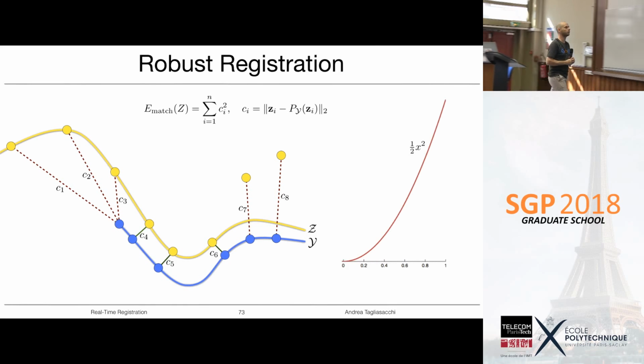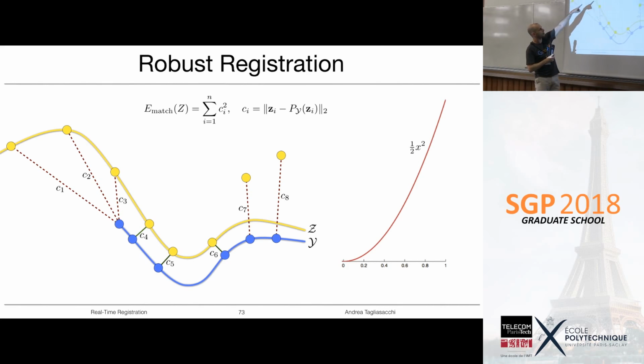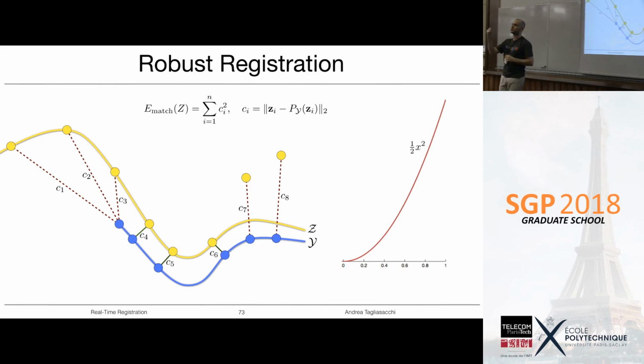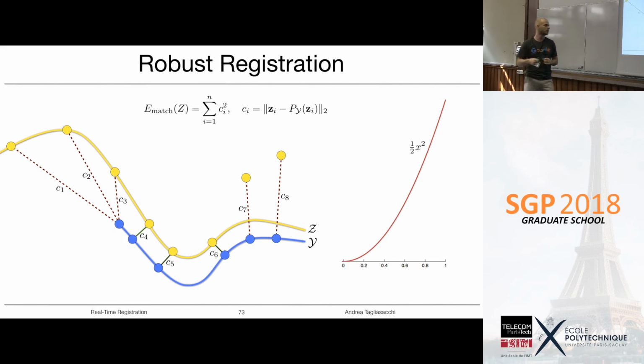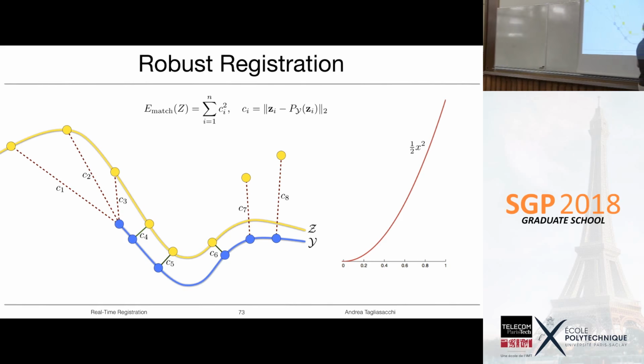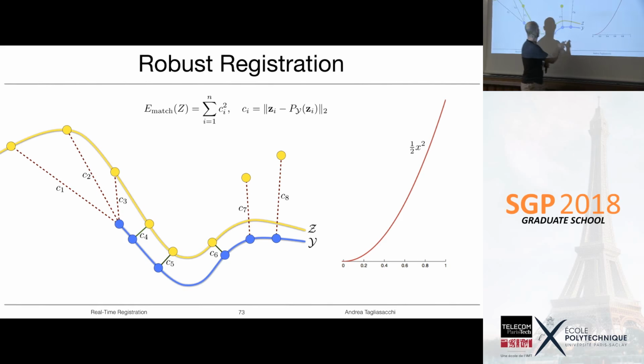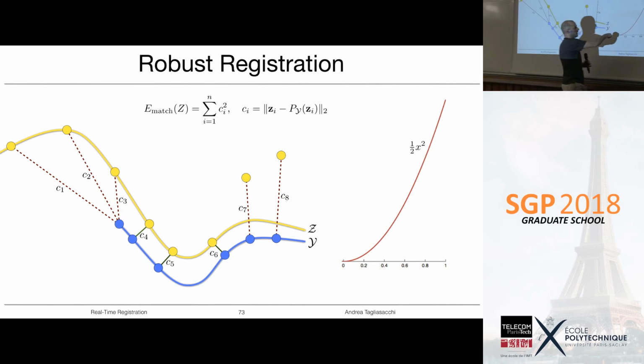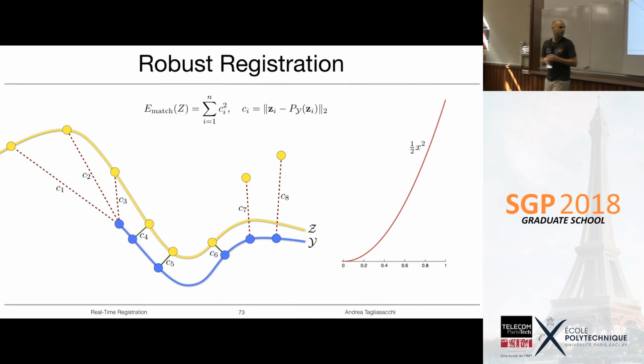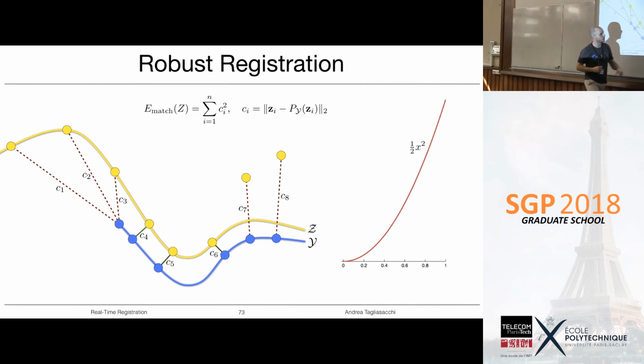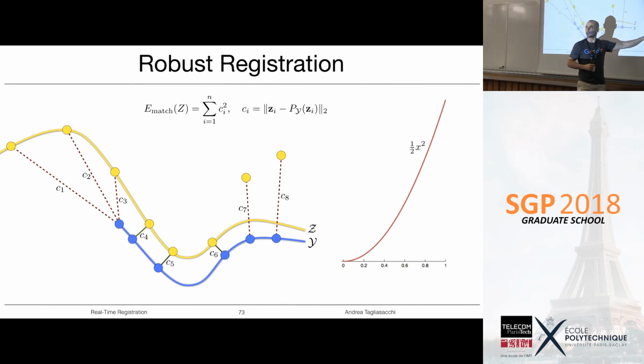The reason for which that is the case is because our matching energy measured the length of these residuals and included them in the optimization as a square function. So think about this as a function where you plug in the length of one of these correspondences, and the function tells me how much the optimizer cares about the residual being minimized. If I have these points right here, these points will map to this location, and now you can look at the gradient of this function.